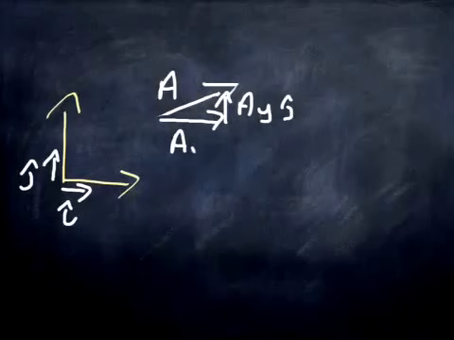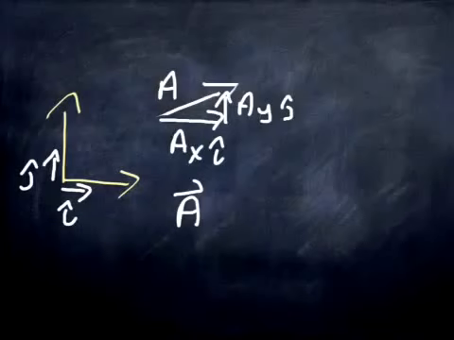So here's Ay in the j hat direction, here's Ax in the i hat direction. So this vector A has been broken up into components. An amount in the i hat direction of Ax, and an amount in the j hat direction of Ay, where Ay is the magnitude of the component in the j hat direction. Ax is the magnitude of the vector in the i hat direction.